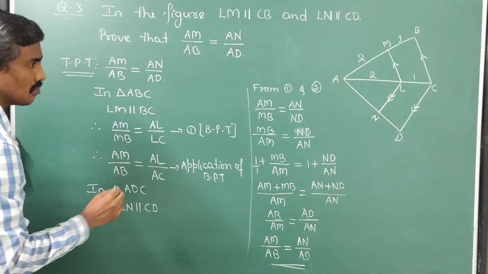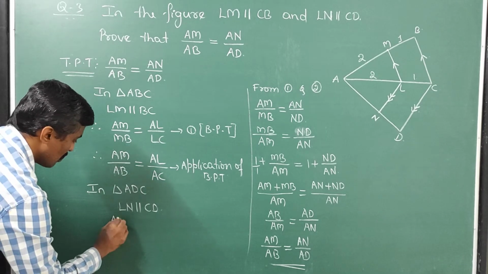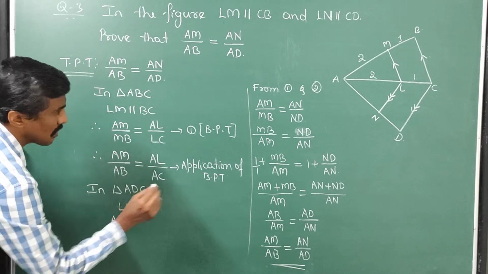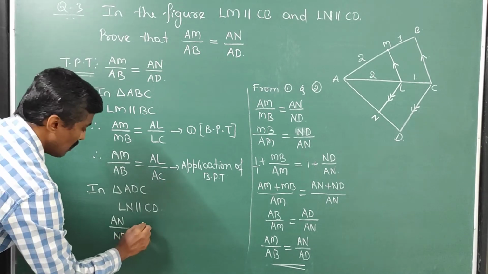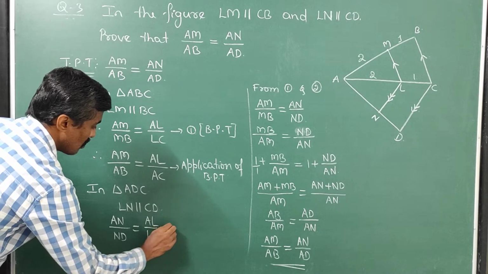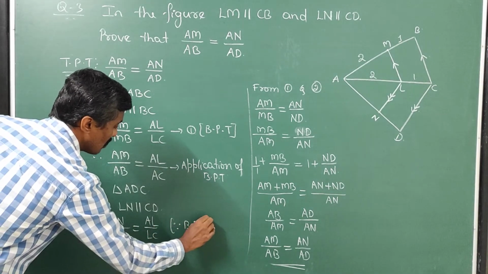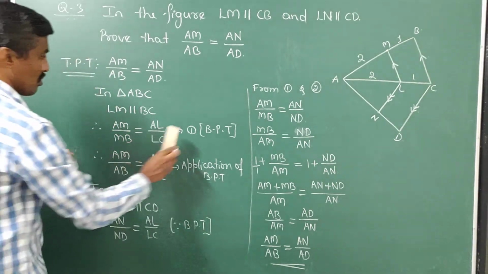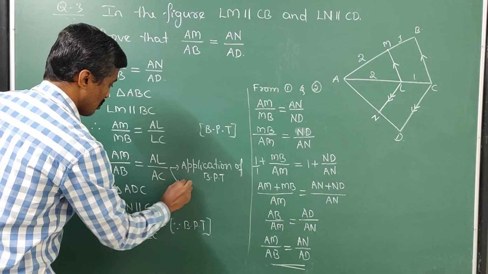According to Thales theorem, AN, the first part, divided by the second part ND is equal to AL divided by LC, according to the basic proportionality theorem. I will use equation 1 for this.